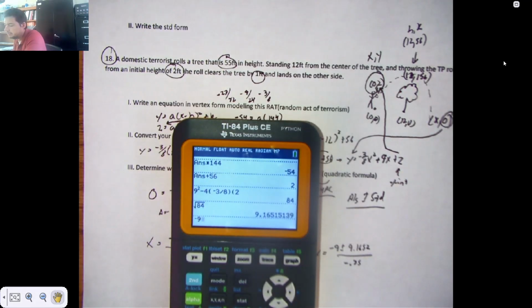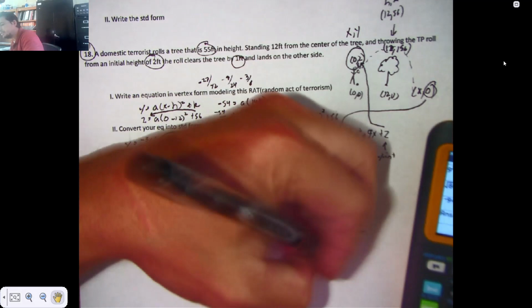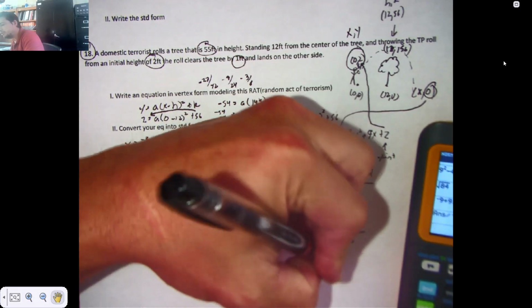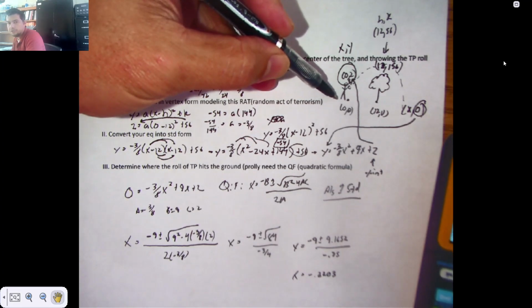We got negative 9 plus 9.1652. That has to be divided by that negative 0.75. And that's what you get. It's an ugly decimal, but this says that the x value is negative 0.2203, which means that they just dropped or threw the roll of toilet paper backwards.